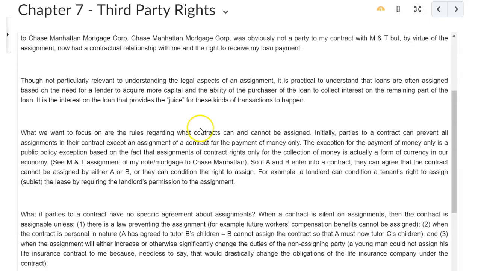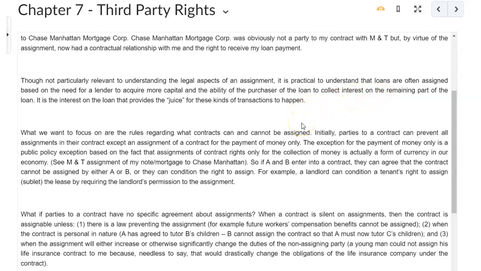It's really beyond the scope of contract law, but I just wanted to point out that loans are often assigned based on the need for a lender, in this case M&T, to acquire more capital, the money they received from Chase Manhattan. And the purchaser of the loan, Chase Manhattan, was able then to collect interest on the remaining part of the loan.